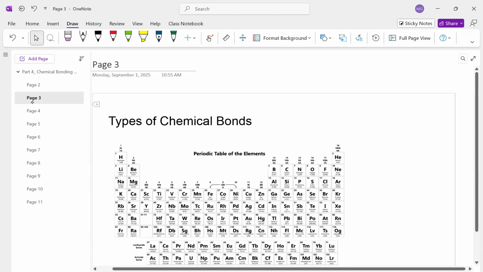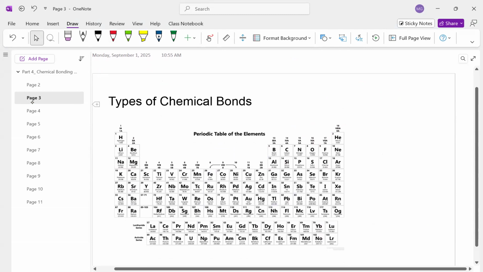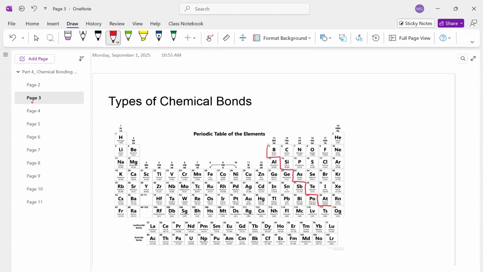So just a quick introduction about the types of chemical bonds that we're going to look at. Now, it's important again to look at the two parts of the periodic table. Remember, we said that all the metals were over here to the left of the staircase, minus hydrogen. Hydrogen is technically part of the non-metals, which is on the right side of the staircase.